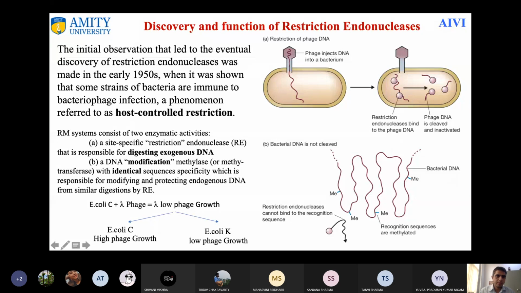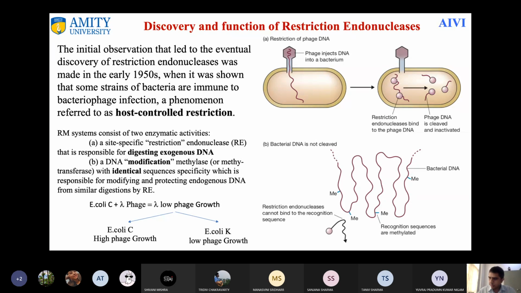Meanwhile, we can go through what we have done so far. In our previous class, we talked about the restriction modification system, that is the restriction endonuclease. In that we mentioned that there are two types of activity. One is the endonuclease activity, the second is the modification activity, which is the methylation property.